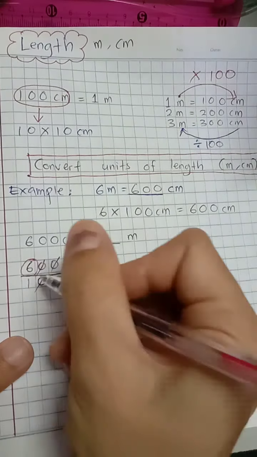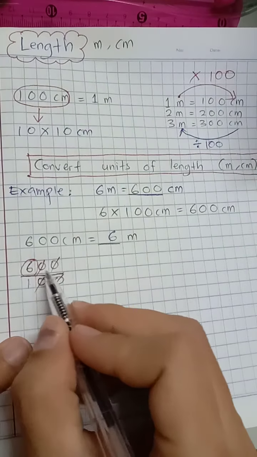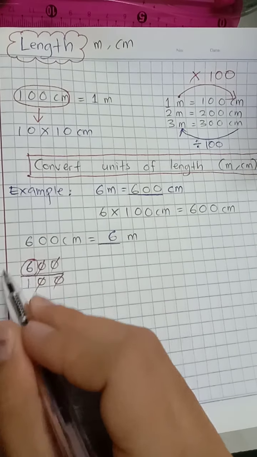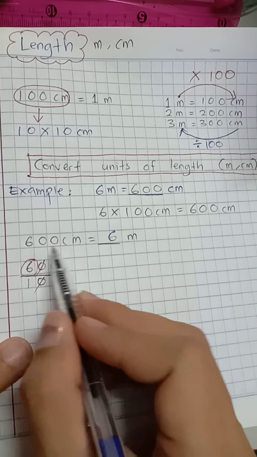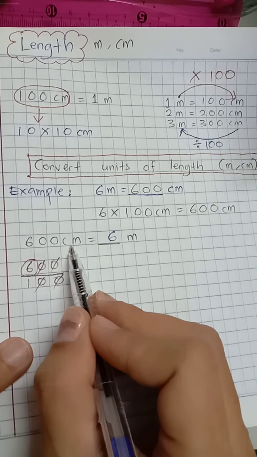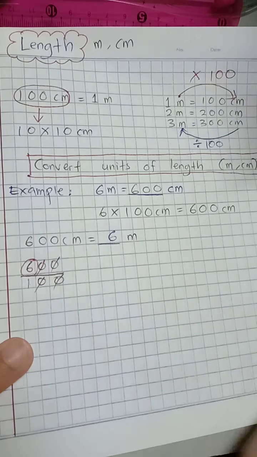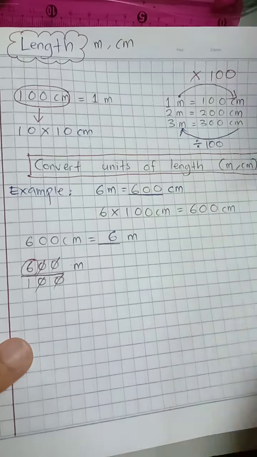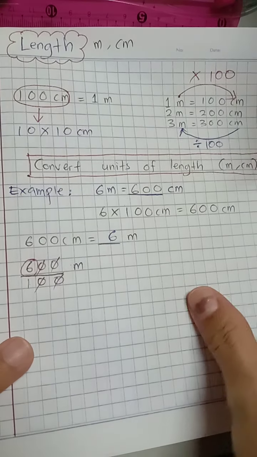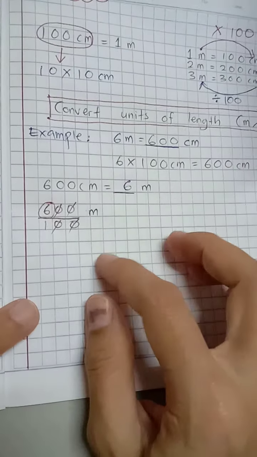So 6 divided by 1 is 6. This is the working that you need to show if you want to convert from centimeter to meter. So this is 6 meter.